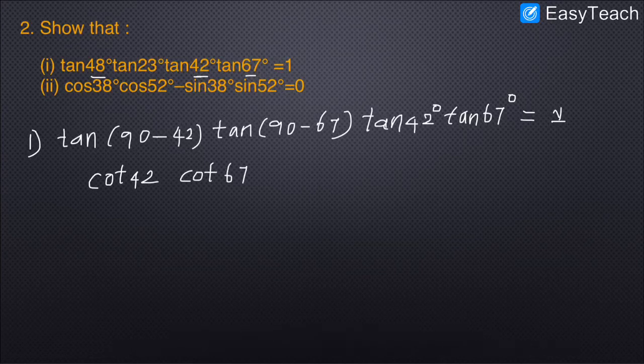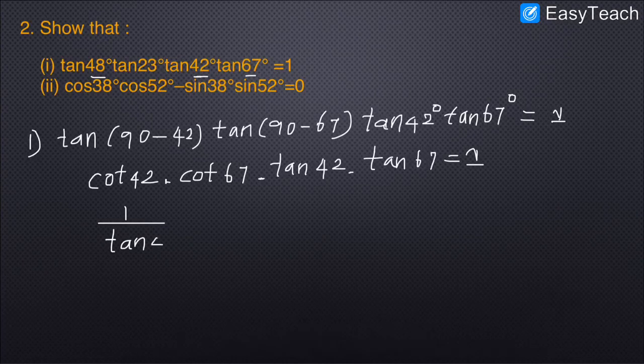So what I am going to do is write cot 42 as the reciprocal of tan 42, and cot 67 as the reciprocal of tan 67. The remaining is as it is. So we can cancel out tan 42, tan 67. Everything cancels out, so the remaining is 1. So on the other side also we have 1.